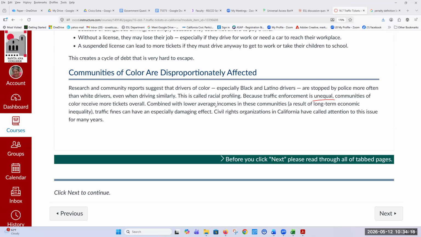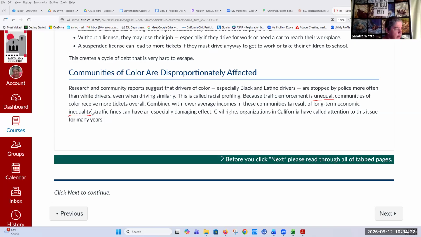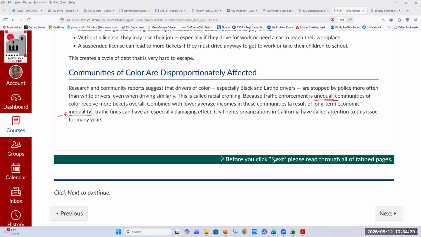Oh, here we go. Yeah, inequality. So same thing, not equal. So inequality is the noun, unequal is the adjective, but they both mean not equal. Not the same, not fair.